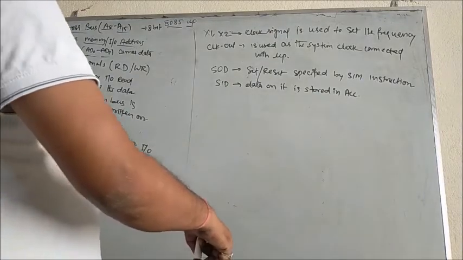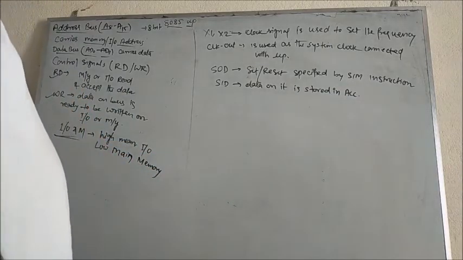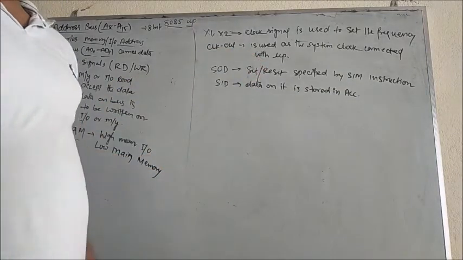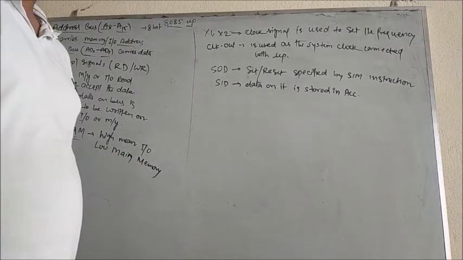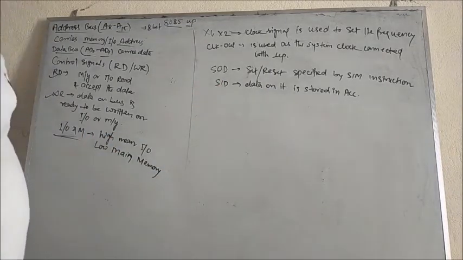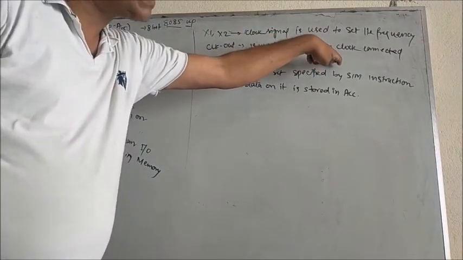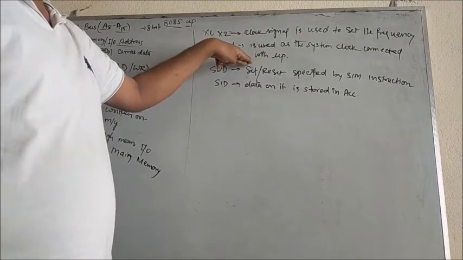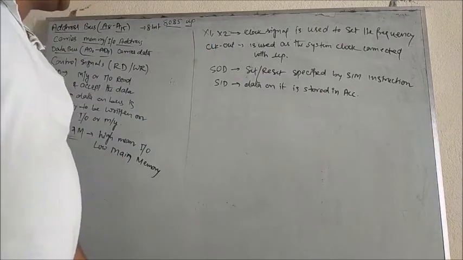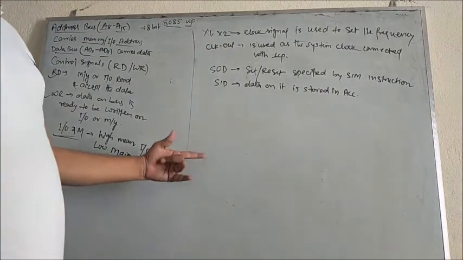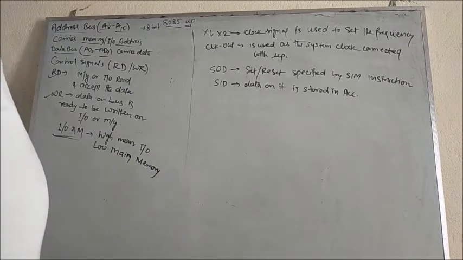It is used as the system clock, which can be connected with the MPU. MPU means microprocessor. See, every system has its own clock, right? So that system clock must be synchronized with the microprocessor, and that is carried out by the clock out operation, right?